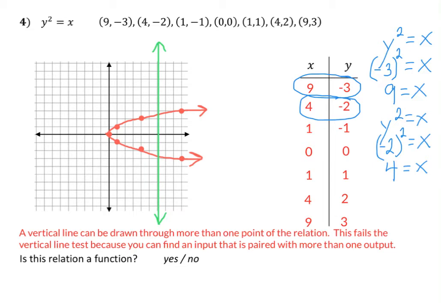Unlike linear equations, when I have a nonlinear equation, something that's not going to graph in a straight line, I need to choose as many input or output values as necessary until I'm sure I know where the line is going to be going. Once I've found enough ordered pairs like this and plotted them, for example, if x is +9 and y is -3, +9 on the x-axis is here, -3 on the y-axis is here, so that's (9, -3), and I've plotted all of those points.